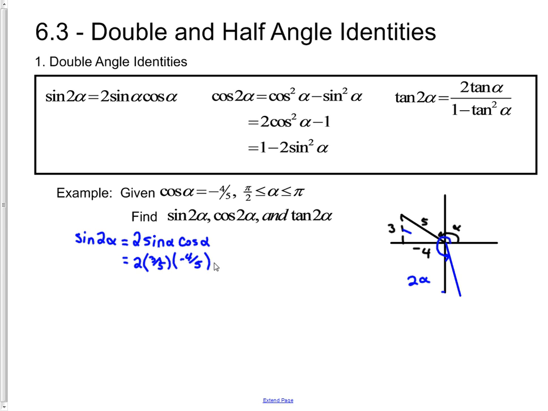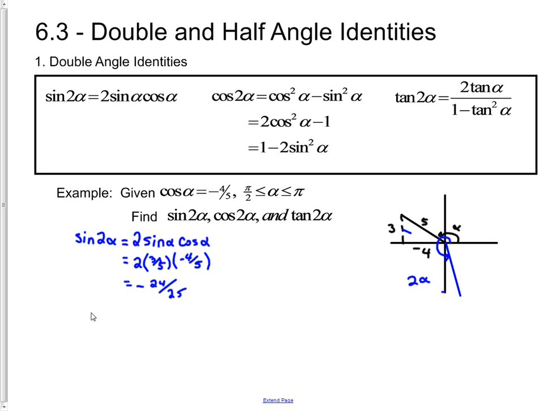So carrying out the multiplication right here, we end up with 2 times 3 times 4, so it's negative 24 over 5 times 5, that's 25. So the sine of this double angle is negative 24/25.